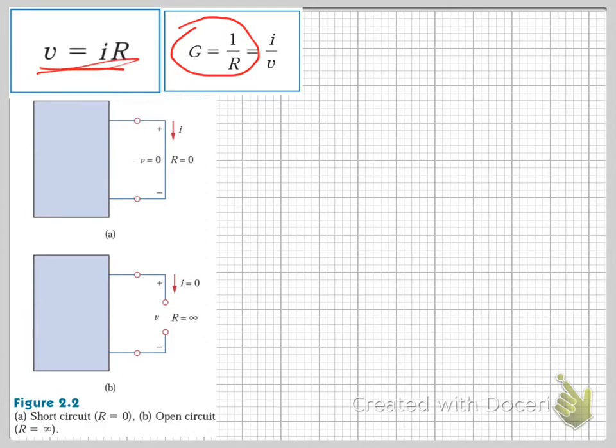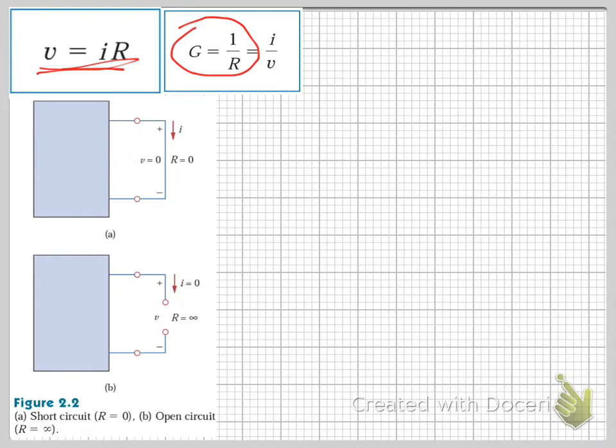Now the resistance of wires is not really zero, but it's so low compared to the values of your resistor and your other components that assuming that it is zero does not give you massive errors, right?